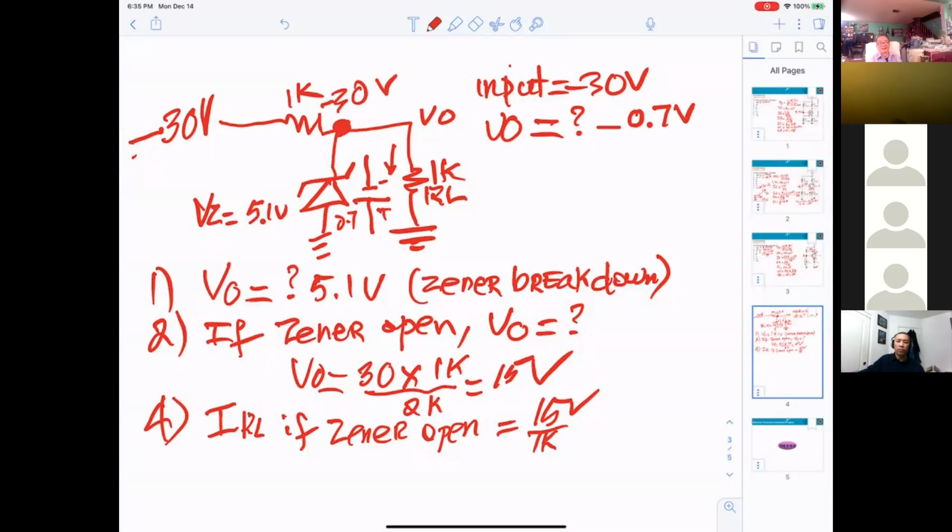Tricky. That's why I'm asking you to really understand. Minus 30 on the number line is left of 0 and 5.1 is right of 0, which means 5.1 is higher than minus 30, so the diode is not in breakdown.